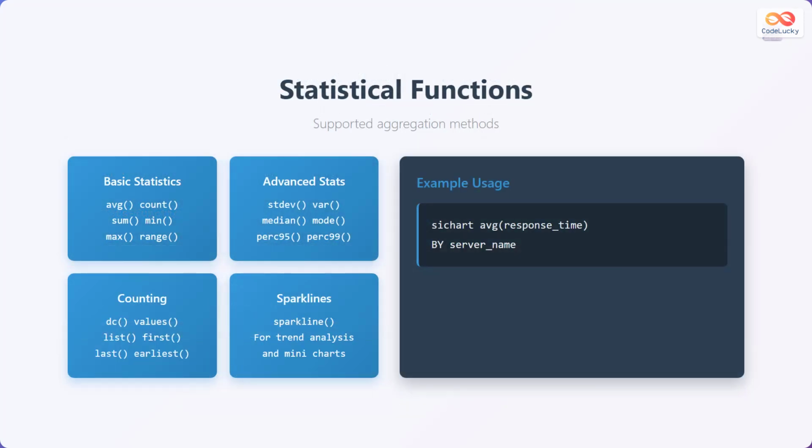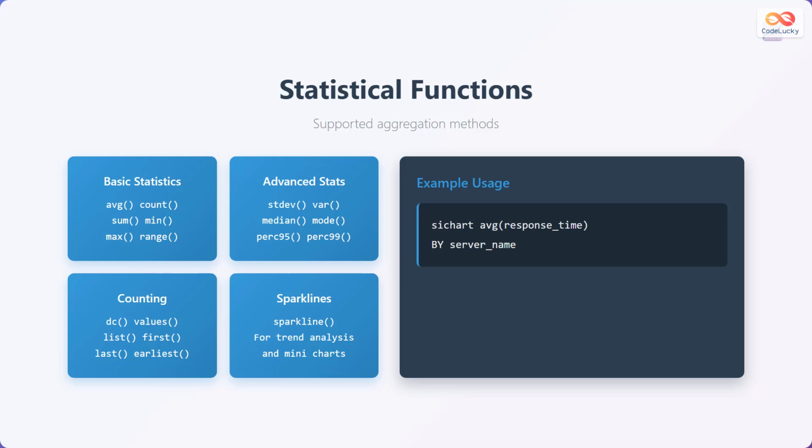The sichart command supports a wide range of statistical functions organized into different categories. Basic statistics include average, count, sum, minimum, maximum, and range functions. Advanced statistics encompass standard deviation, variance, median, mode, and percentile functions like perc95 and perc99.